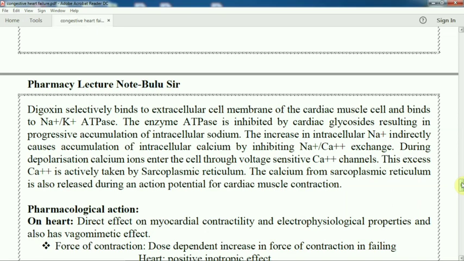So what is our aim? To increase the cardiac output. That means the muscle contraction increases, the rate of contraction increases. So how does the myocardium, the muscle layer, contract more? With the help of calcium.